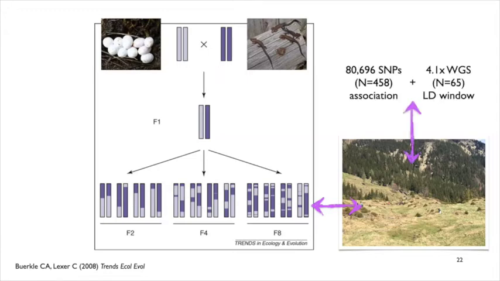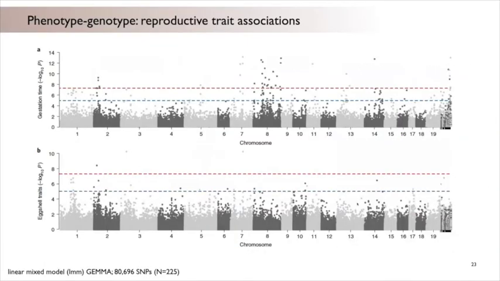And so we did this as a combination of about 80,000 SNPs for association analysis with this admixture mapping. And then we also used 65 individuals, a whole genome sequence to look at candidate genes. And what we found from this was that we were able to map these genotype-phenotype relationships. And so we combined traits into two major groupings.